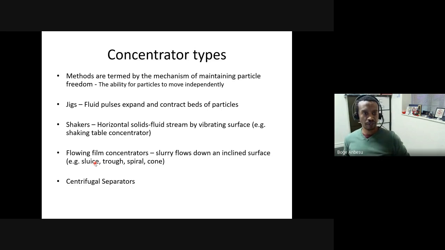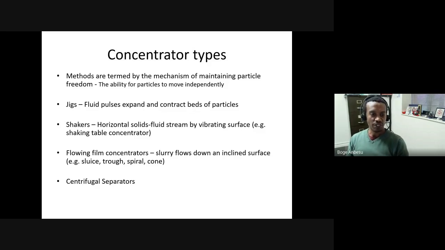So jigs, for example, are applied to coarser particle size, and they mainly utilize the fact that you can perturb the fluidized particle layer up and down, disturb the settled particle, and through the application of pulsation and suction, you can then allow denser particles to pass through and settle, while light particles are collected as an overflow or as a light product.